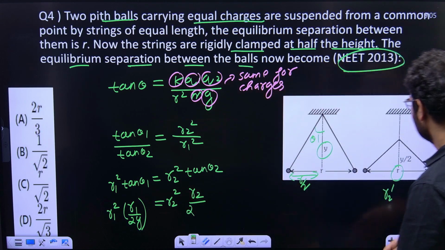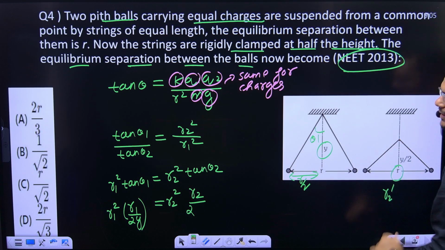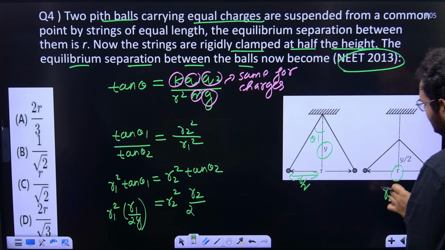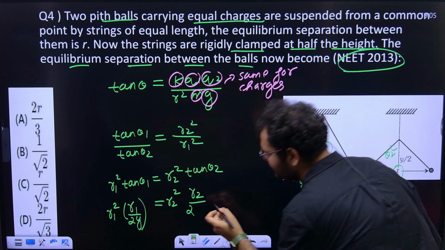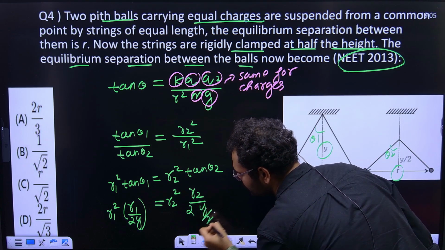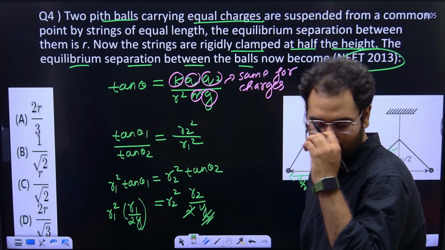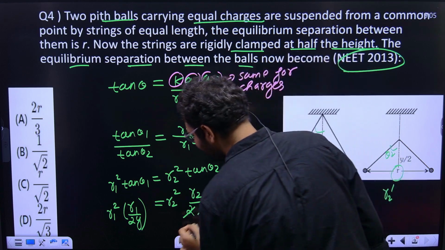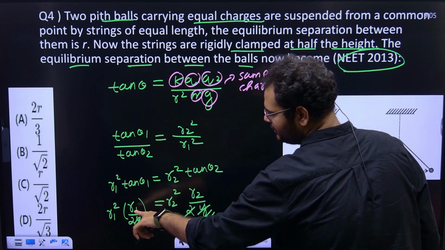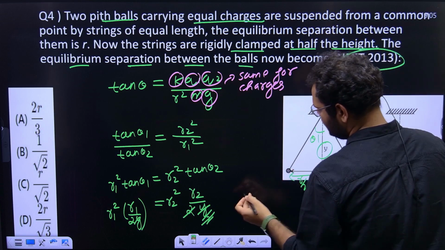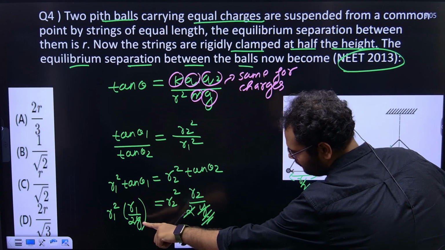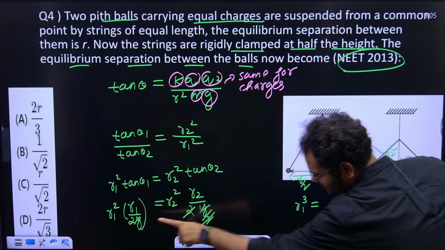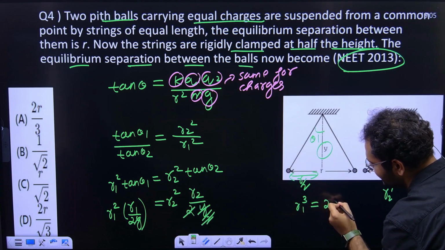And what is the height here? Y by 2. This is the base, and this is my theta 2, so I will write Y by 2. The 2 and 2 cancel, and Y and Y cancel. So R1 cube must be equal to 2 times R2 cube.